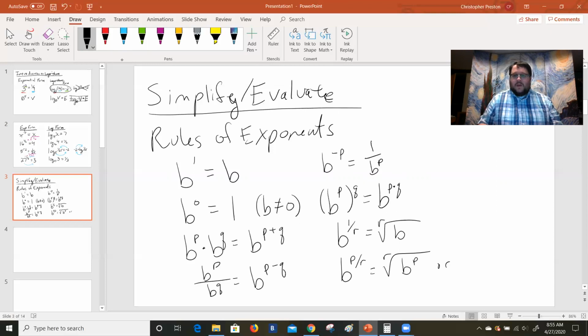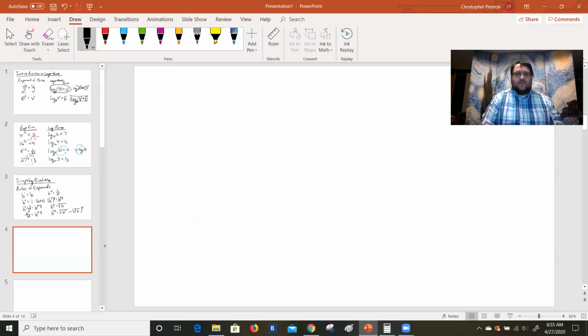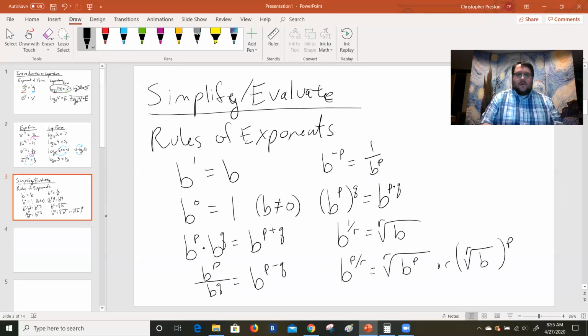You could do the power then the root, like I wrote here, or you could do the root and then the power. In reality, you're doing both simultaneously, but by hand, you usually do one and then the other first. So they will ask you, using those rules of exponents, to simplify some logarithms.